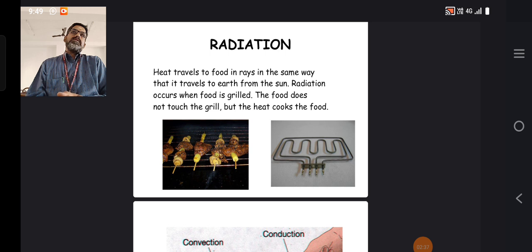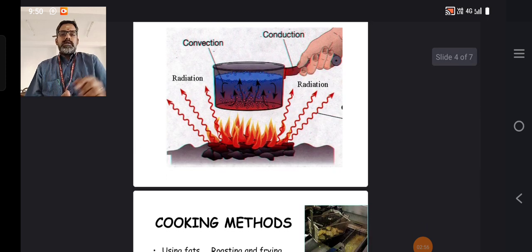Radiation does not need any medium. It is just radiation through sunlight. For example, if you wear a black shirt and go outside in the sunlight, it absorbs the radiation, absorbs the sunlight, and radiates. So conduction, convection and radiation are the modes of heat transfer.